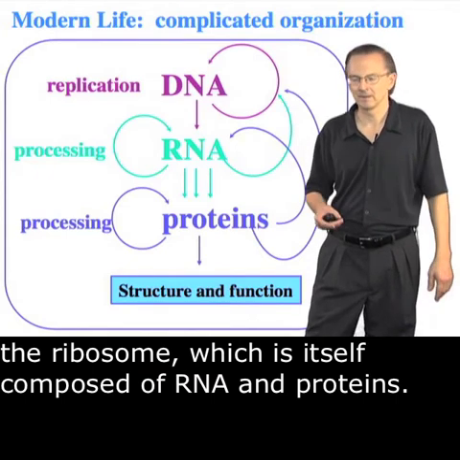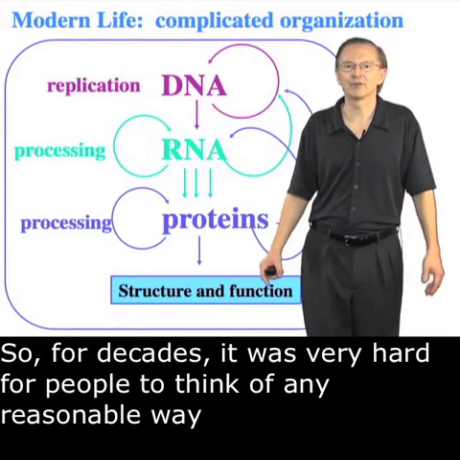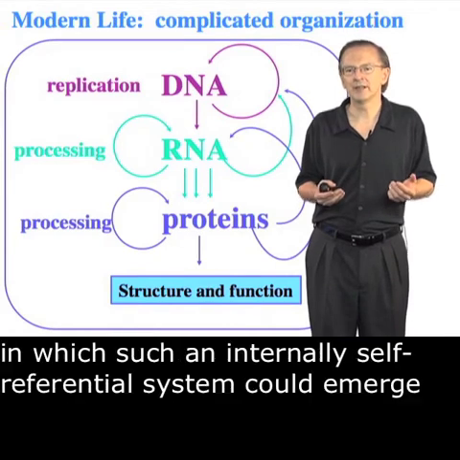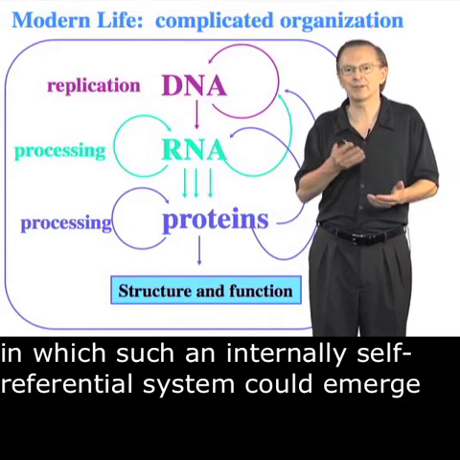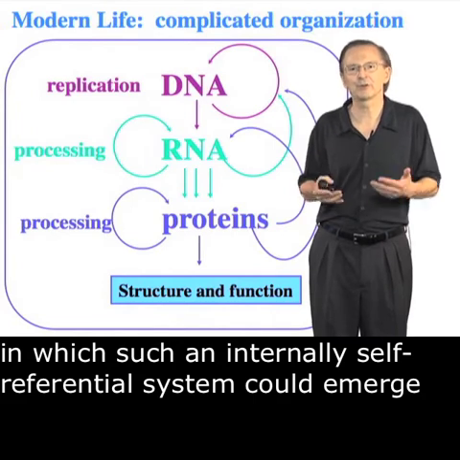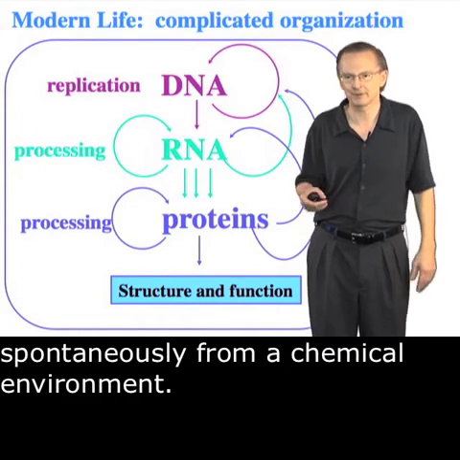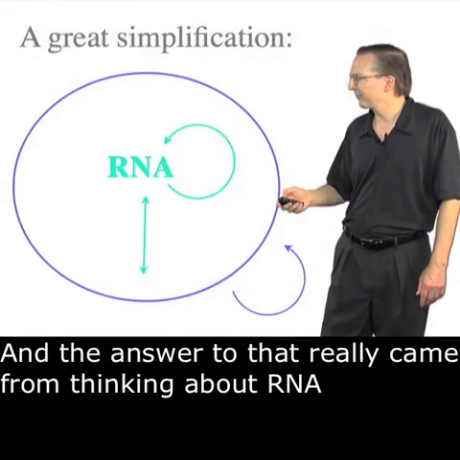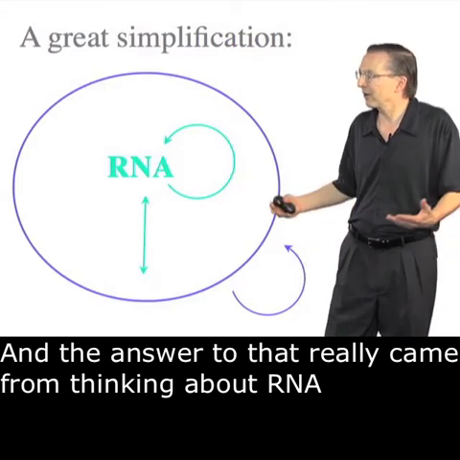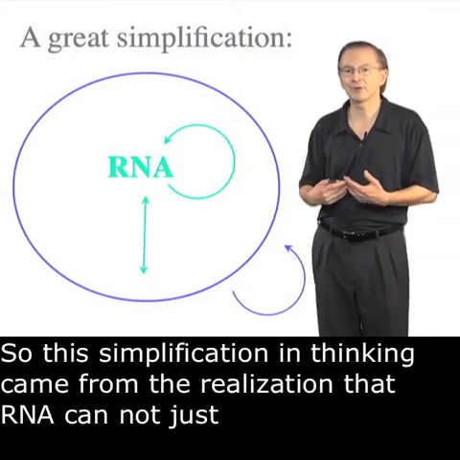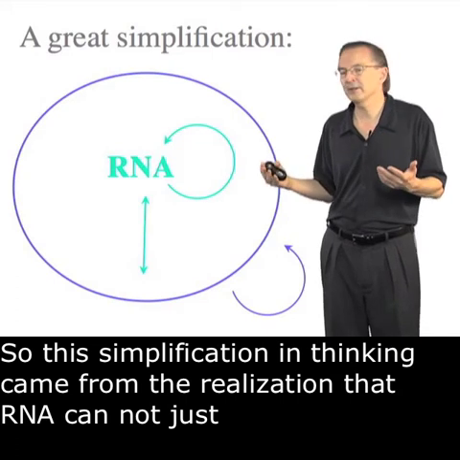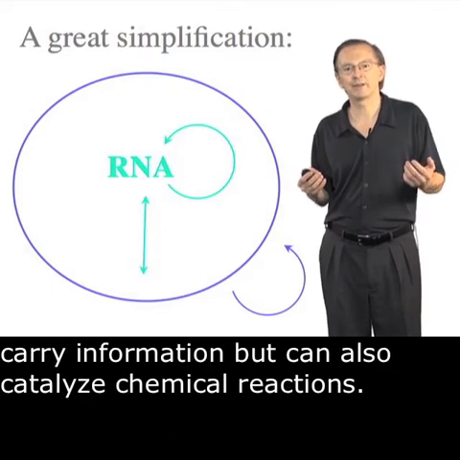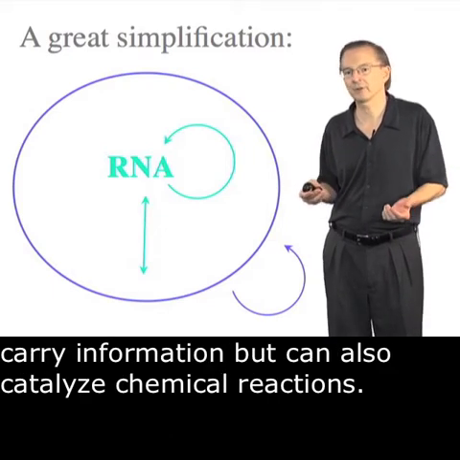So for decades, it was very hard for people to think of any reasonable way in which such an internally self-referential system could emerge spontaneously from a chemical environment. And the answer to that really came from thinking about RNA and the different things that it can do. So this simplification in thinking came from the realization that RNA can not just carry information, but can also catalyze chemical reactions.